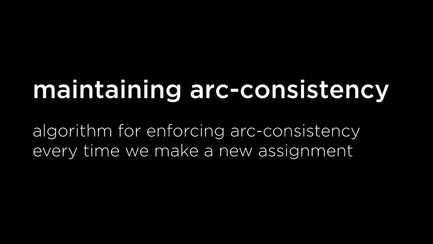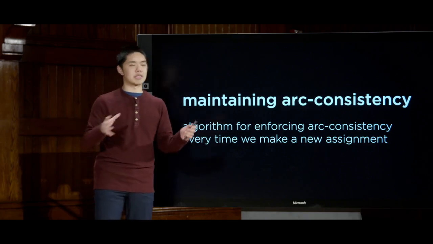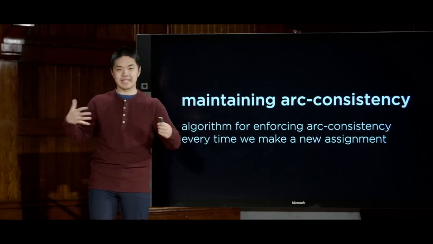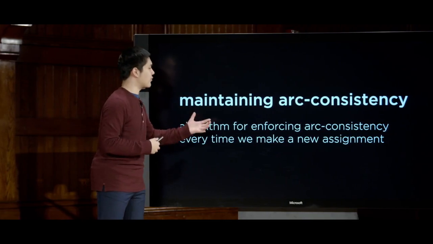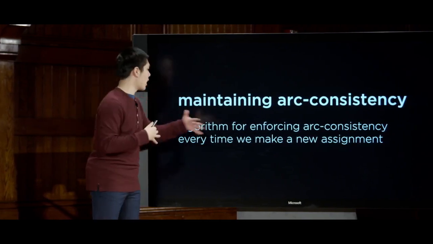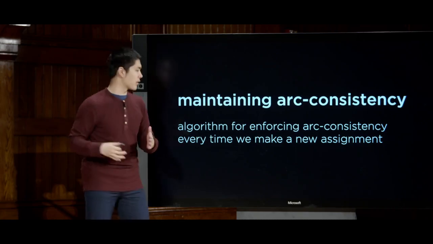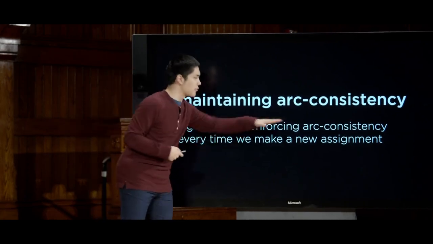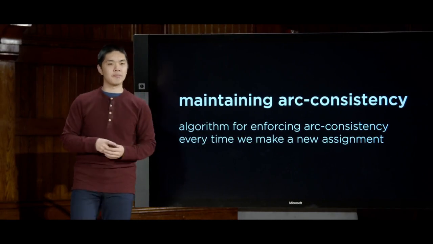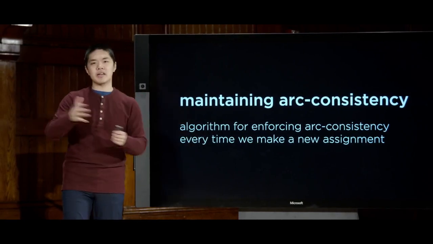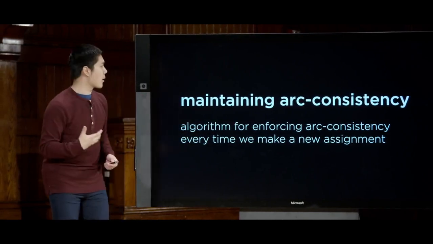So sometimes we can enforce arc consistency using that AC3 algorithm at the very beginning of the problem, before we even begin searching, in order to limit the domain of the variables in order to make it easier to search. But we can also take advantage of the interleaving of enforcing arc consistency with search, such that every time in the search process we make a new assignment, we go ahead and enforce arc consistency as well to make sure that we're just eliminating possible values from domains whenever possible.